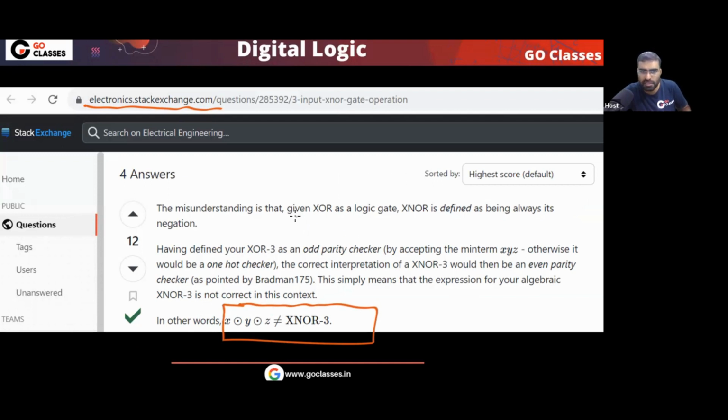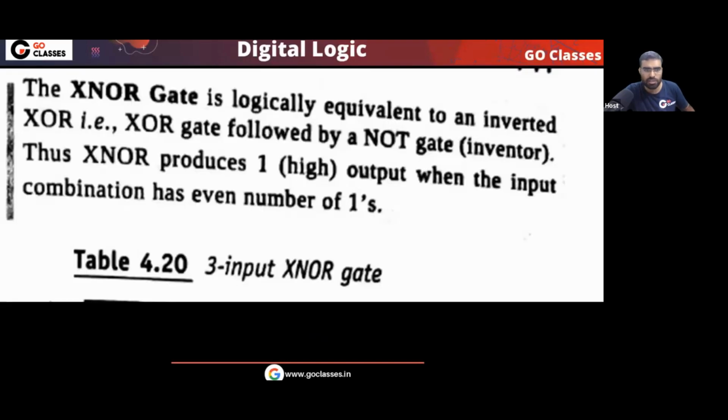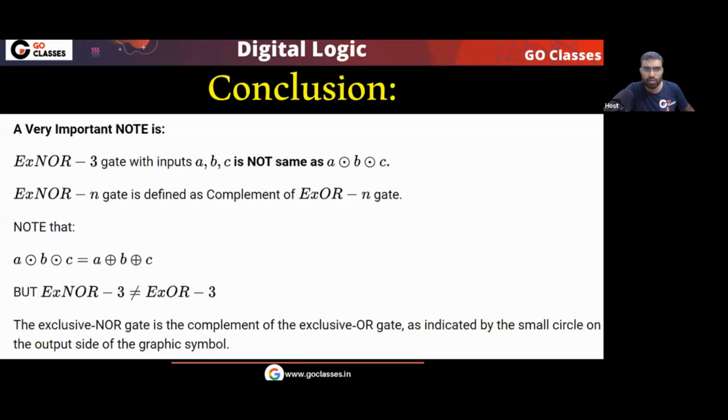Now let's move on. Here also you can notice, XNOR gate is logically equivalent to, I am talking about gate here, inverted XOR gate. XOR gate followed by NOT gate. I hope all these points are clear. So this is the conclusion.